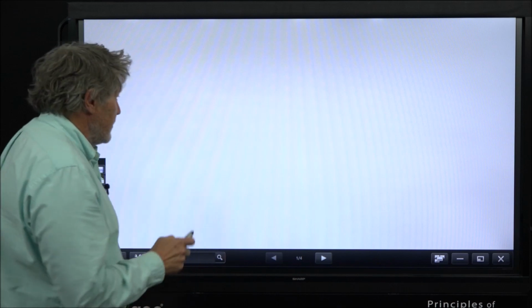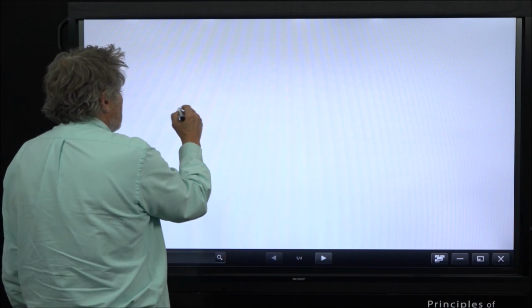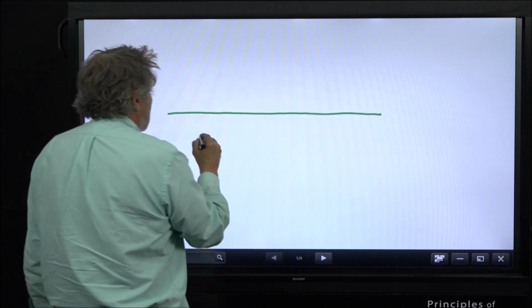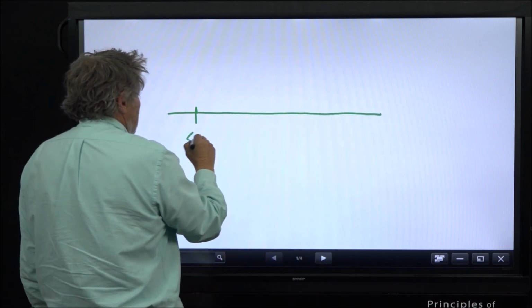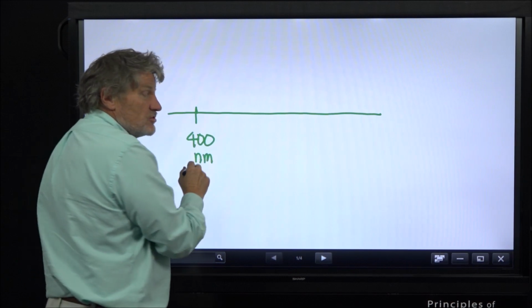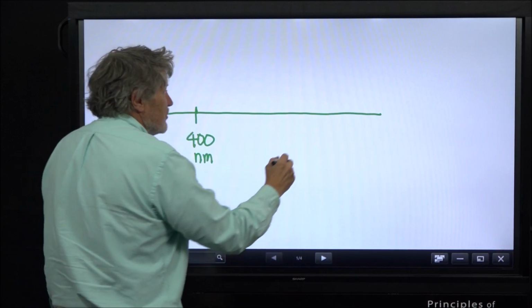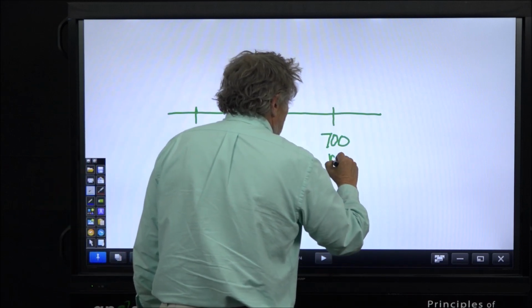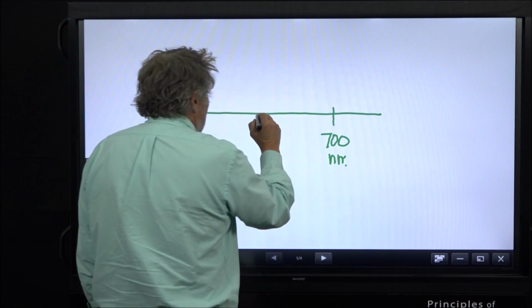So we're going to take plant growth. Let's start with colors, and we're going to start right here with 400 nanometers. This is roughly the start of human vision, and we're going to go over here to 700 nanometers.